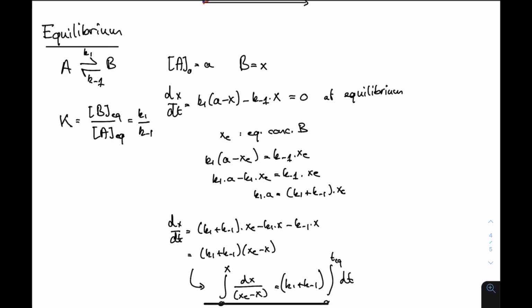In general, if you have coupled equilibria, K will be a product of such ratios. So this is if you have a series of coupled species, right? That's the more general way of writing things.